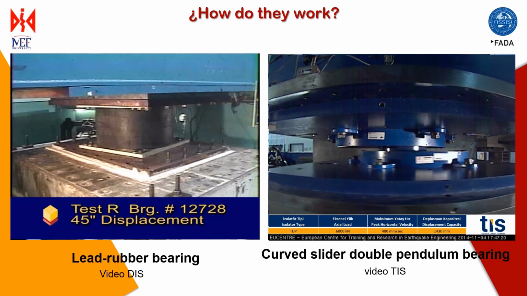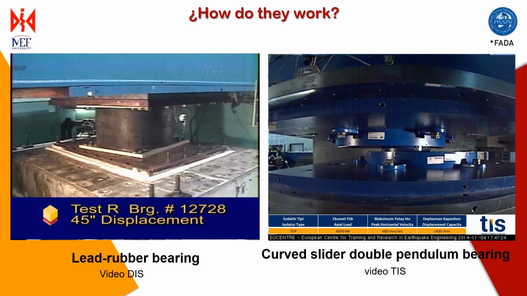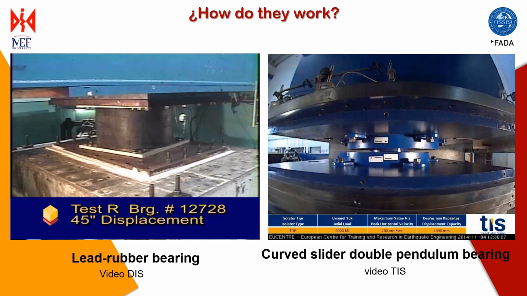They work by separating the movement of the structure from the movement of the ground, preventing earthquake energy from entering the structure. In the case of lead rubber, the energy dissipation is through the horizontal yielding of the lead core. In the case of double pendulum sliders, it is through the friction that occurs during the horizontal displacement.